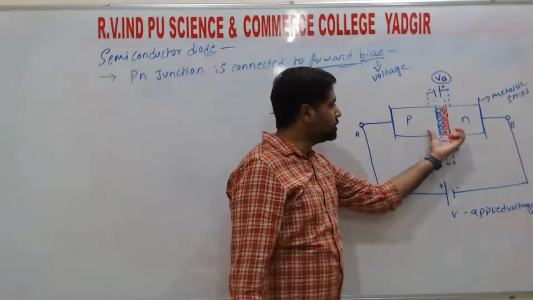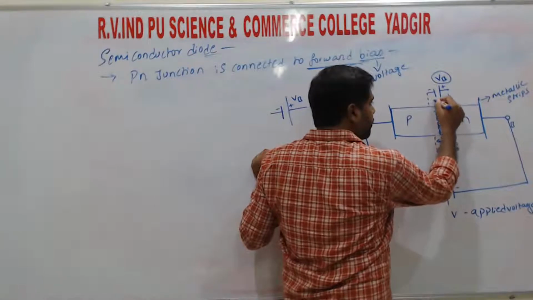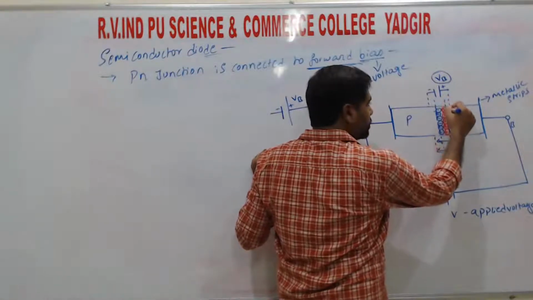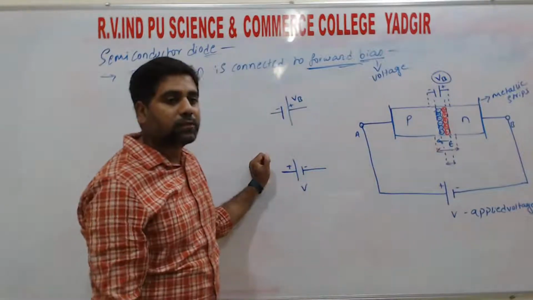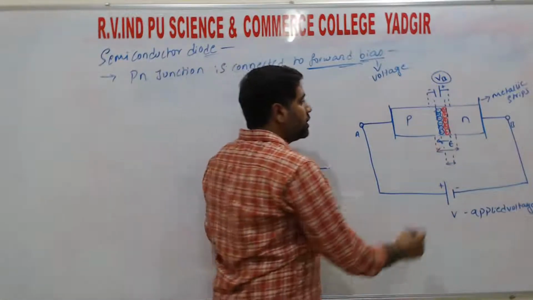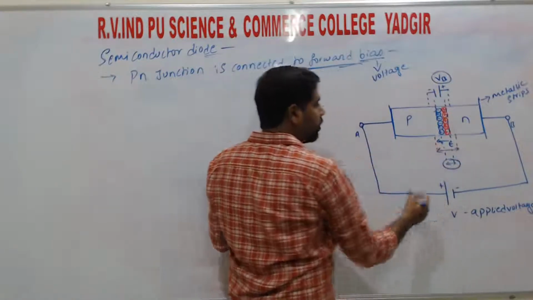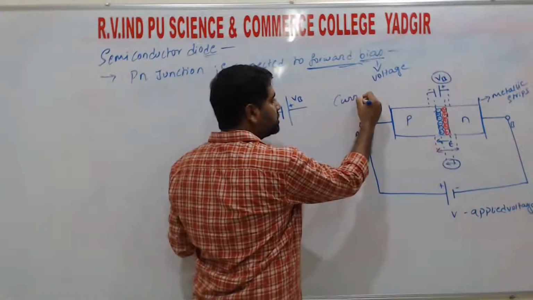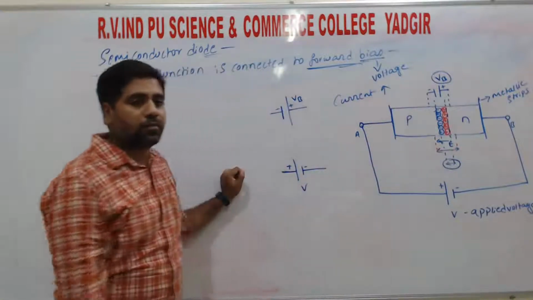As this diffusion increases, the carriers can easily pass through this barrier, this potential, because the depletion layer is very small, right? For this reason, as the depletion layer decreases, automatically the flow of current increases, right?